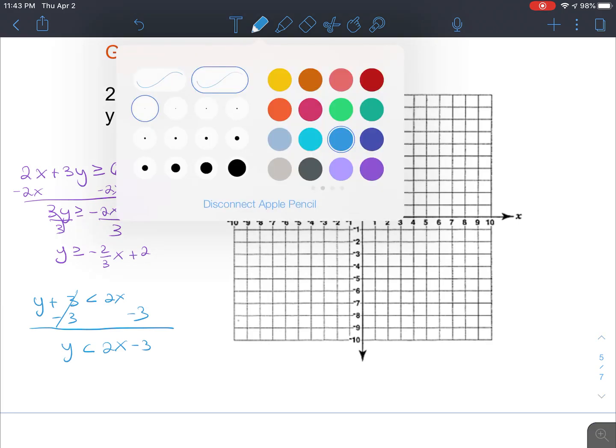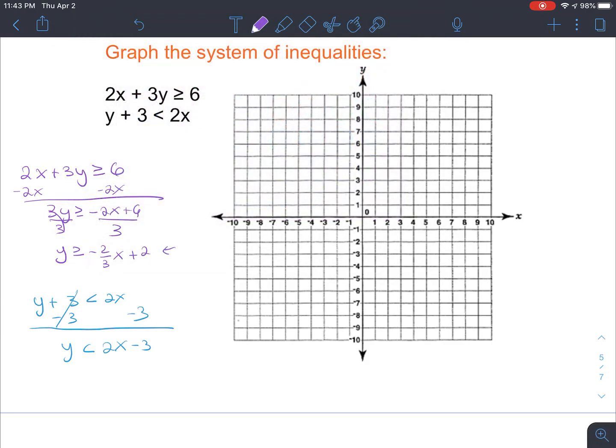So now we're going to plot the points. For this one, we have a y-intercept of plus 2, and we have a slope of down 2 over 3. Down 2 over 3, and in reverse, up 2 over 3. Okay, so now, will these points be connected with a solid or dashed line?